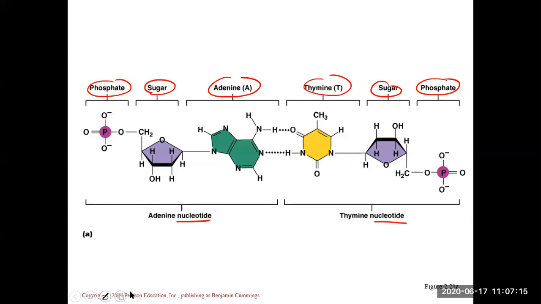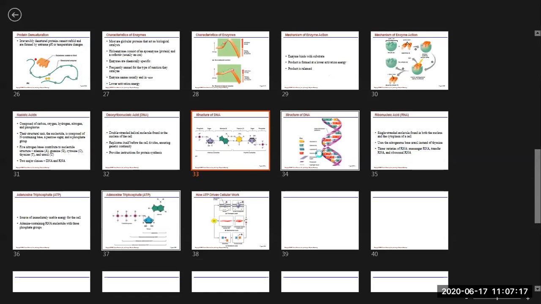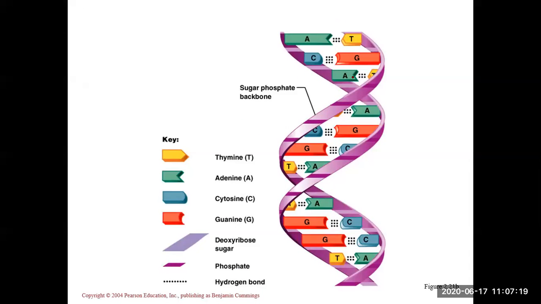Now, if we take a look at the double helical structure, this one represents sugar, this one represents phosphate. Now you can see why phosphate and sugar are the backbone. You see phosphate, sugar, sugar, phosphate, phosphate, sugar, and so on. They alternate and are combined.